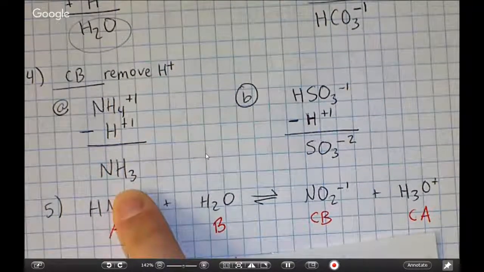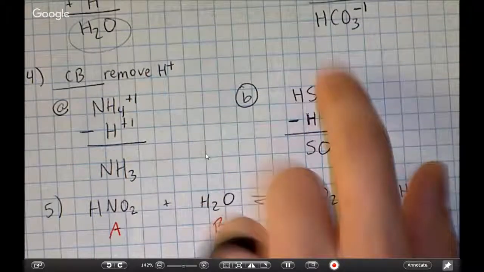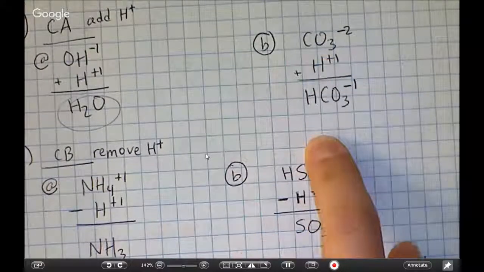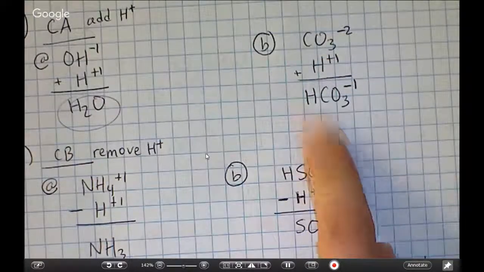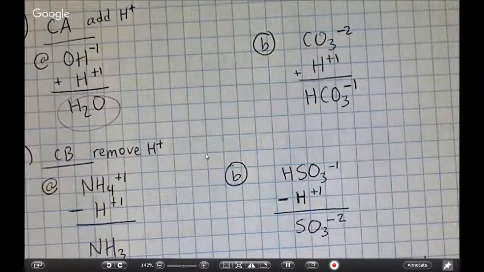It can also lose a proton to become NH2 minus 1. So ammonia is amphoteric. Up here, bicarbonate can lose a proton to become carbonate. It can gain a proton to become carbonic acid. So that substance is amphoteric. If it can do both the gain and the loss, then it is amphoteric.